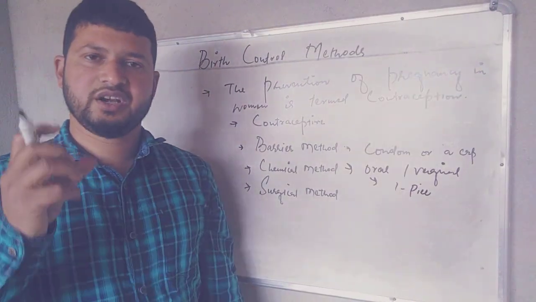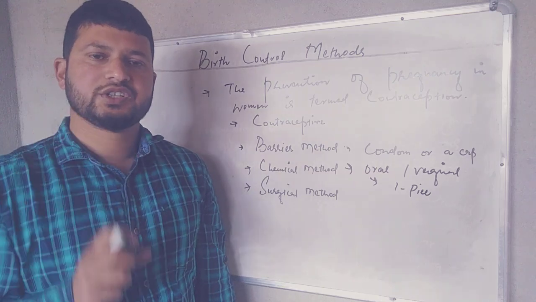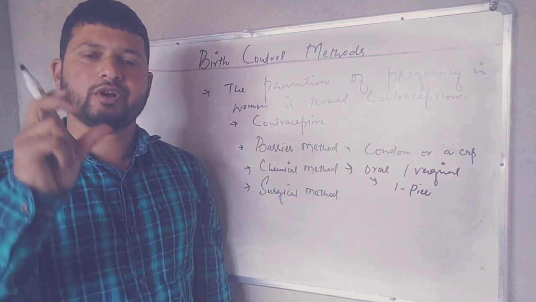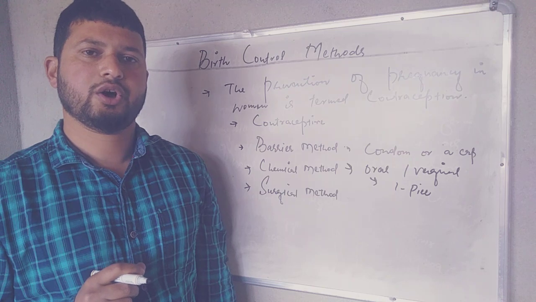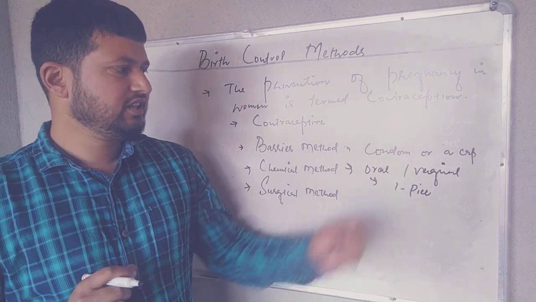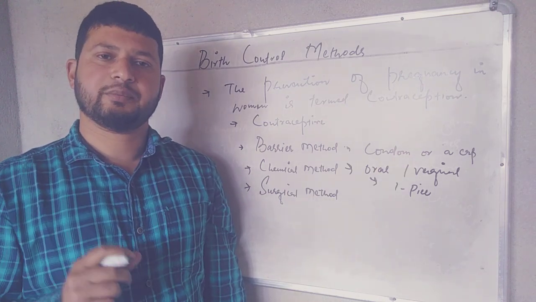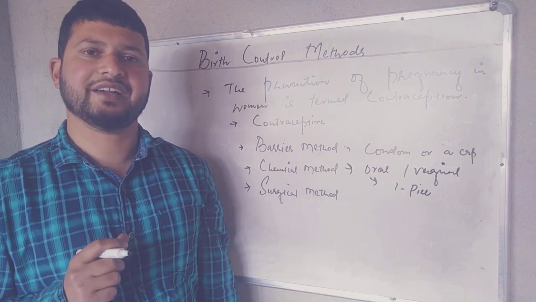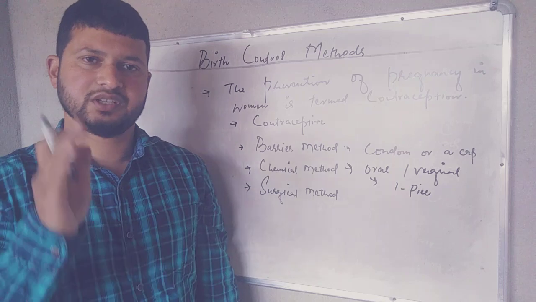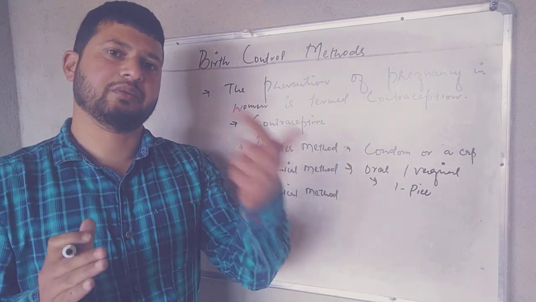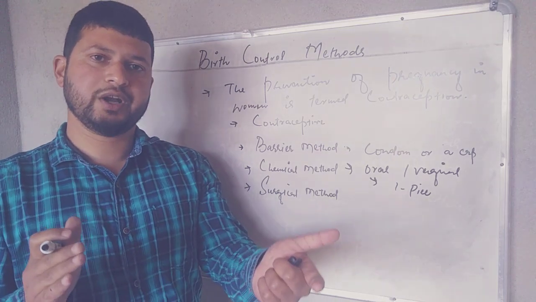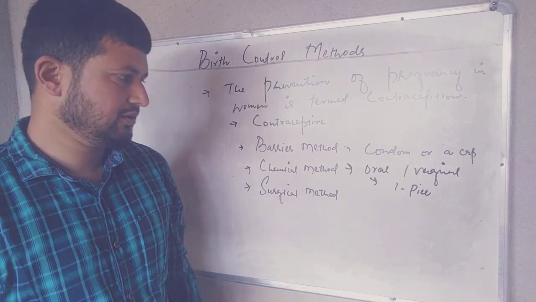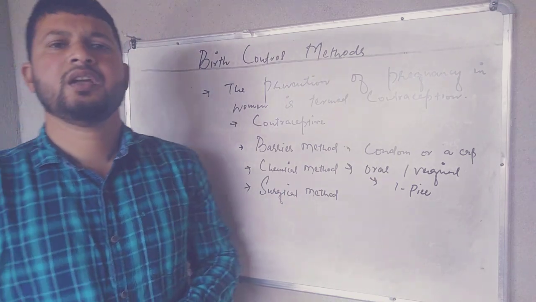These pills contain hormones which prevent the ovaries from releasing the eggs into the oviduct. And the vaginal contraceptives contain chemicals, that is spermicides, which kill the sperms in the vagina. Thus the sperms do not reach the oviducts and do not fertilize the eggs there.